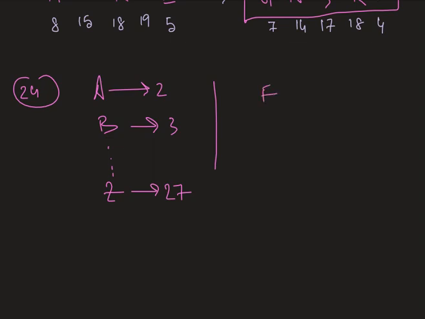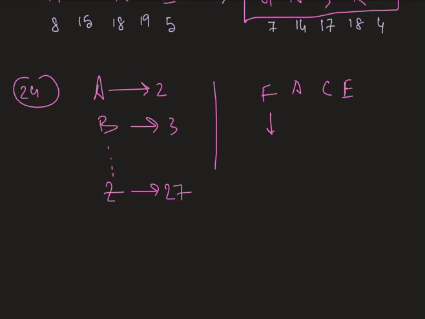So for the word face, the code must be, to find the code, first we write the positional numbers. This helps us to find the code because we just need to add 1 to each of these positional numbers to get the code.